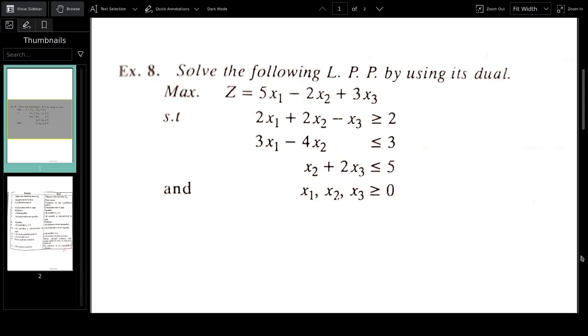What? Here objective function is what? First you see. Then similarly you find out its standard primal form. Right? Next you convert it into the dual. And next you solve it by simplex method. Then when you solve it by simplex method, this gives us the solution of the dual.